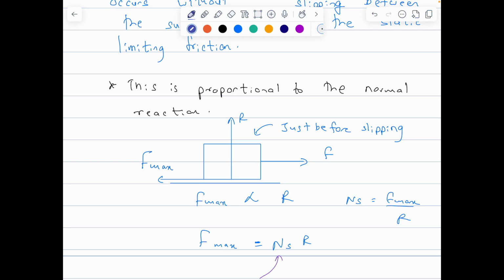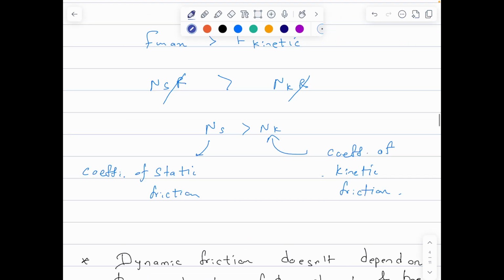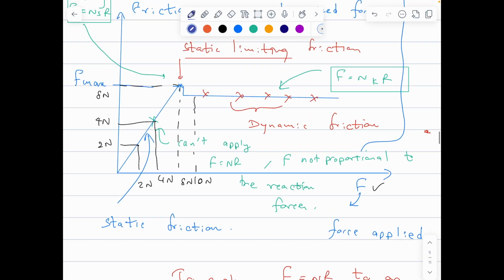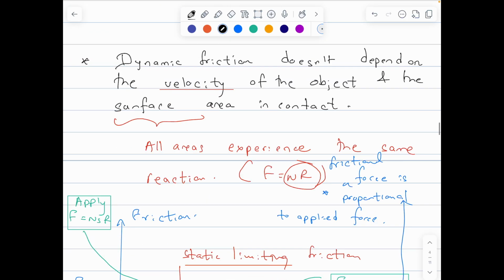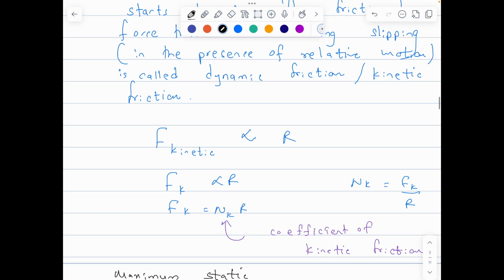The normal reaction. Okay. What are they meaning by the static limiting friction? They're talking about this maximum friction value. That is proportional to the normal reaction. The normal reaction in the sense, the reaction that the object experiences vertically upwards.